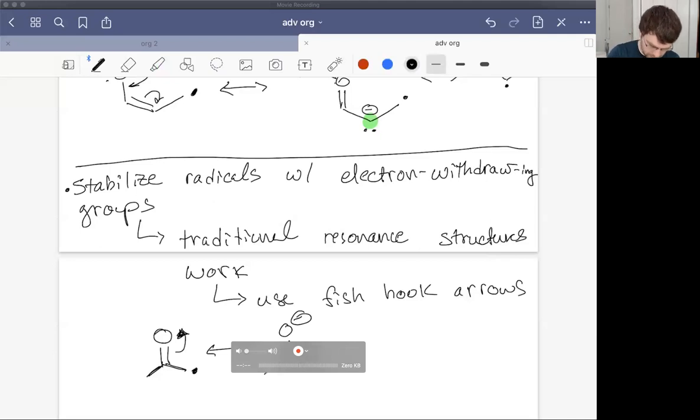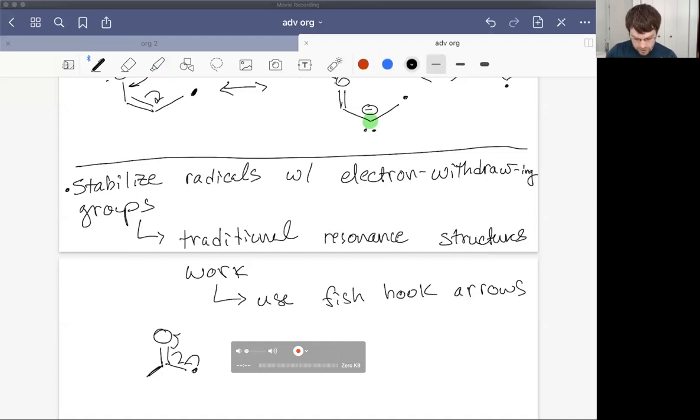shoot, I went the wrong way. Let me just back up. We can go here to here and then up to here. Sorry about that. I was thinking about something else.